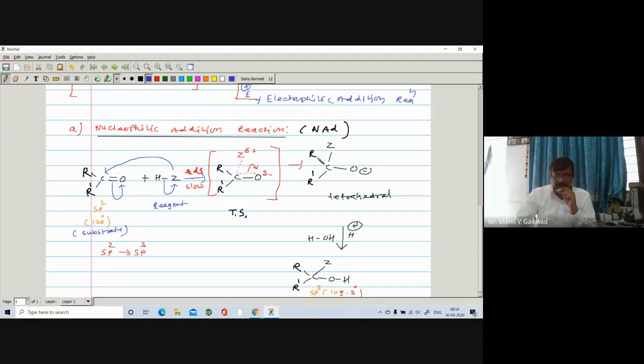And the second step, protonation, is the fast step. So the first is a slow step and the second is the fast step. So it is a nucleophilic addition mechanism, and here we will learn only nucleophilic addition reaction in detail in this topic. Now let us see the next mechanism.